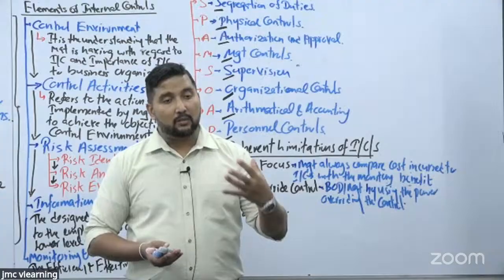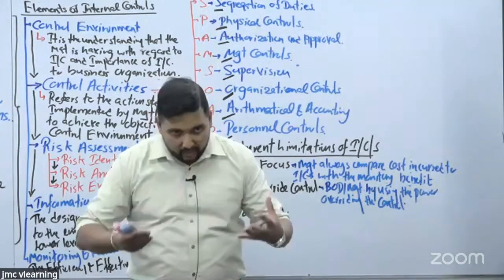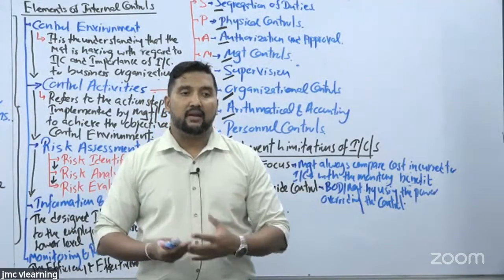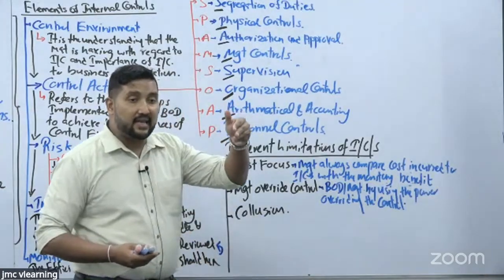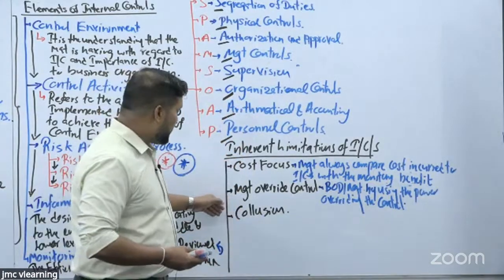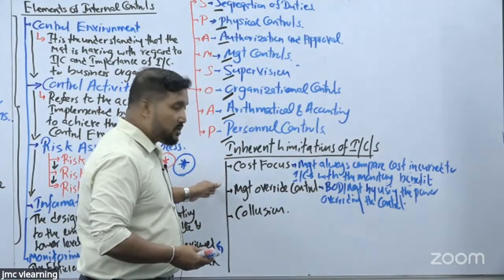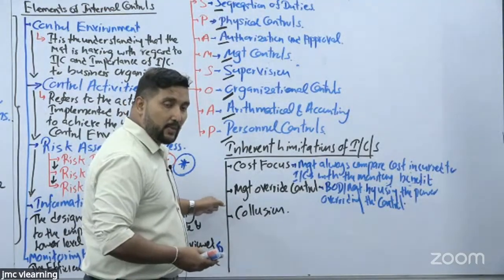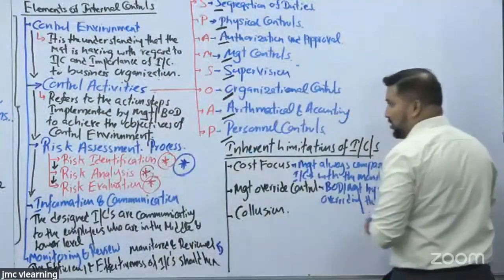So management or the board of directors get together and manipulate those internal controls with the objective of getting undue advantage. For example, overriding the control can be considered an error, but collusion is considered a fraud.